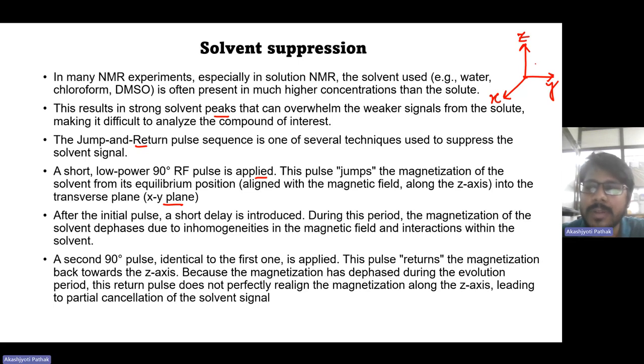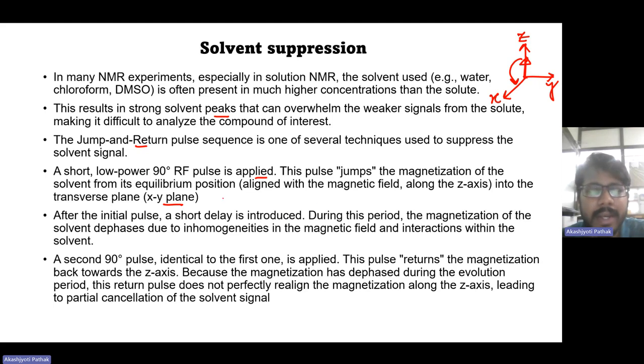So you apply an RF pulse, and depending on which direction you apply the RF pulse, it will cause the bulk magnetization to flip from its equilibrium position, which is along the z-axis, to either the positive x direction or the y direction. It will shift somewhere in the xy plane. Okay. After this initial pulse, a short delay is introduced.